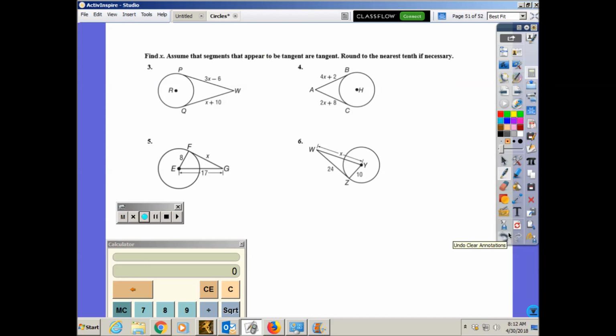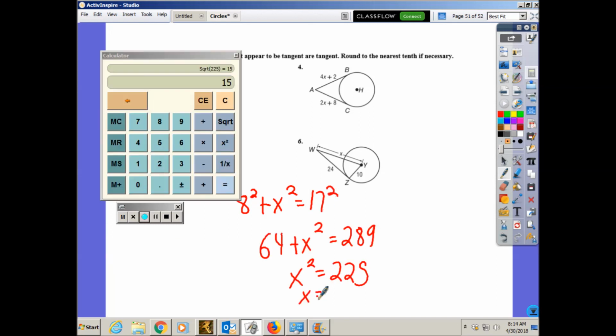For number 5, assume that everything's tangent. That means that angle F is going to be 90 degrees. So since you're using Pythagorean theorem, you can say that 8 squared plus x squared is going to equal 17 squared. We should have put x equals 15.